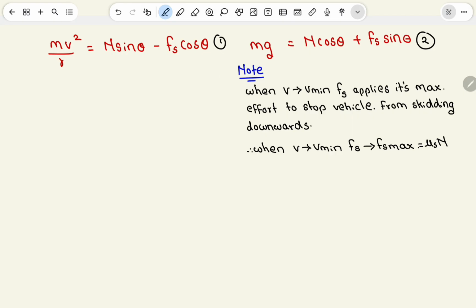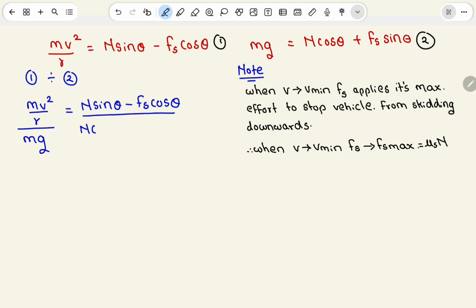I have written down the two equations that we can use for the derivation: mv square by r is N sine theta minus Fs cos theta, and mg is equal to N cos theta plus Fs sine theta. We basically divide the first equation by the second equation. So mv square by r upon mg is equal to N sine theta minus Fs cos theta upon N cos theta plus Fs sine theta.